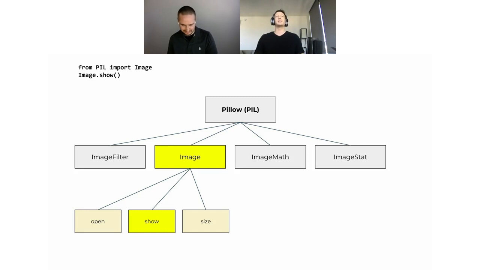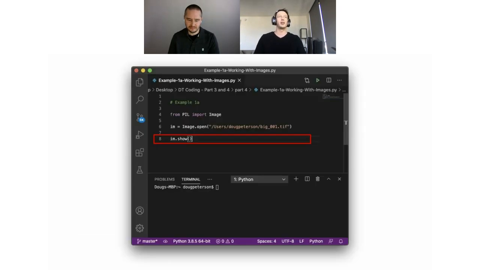Now I want to do something with it. And one of the easiest things I can do with it is show it. Under Pillow in the Image module is a function called show. Once I've formed an image using Image.open, I can then show it using .show. So here in example 1a, on line 8, you see im.show.